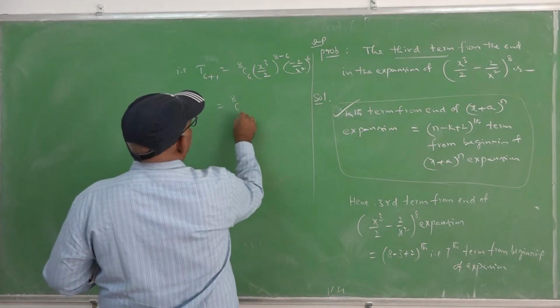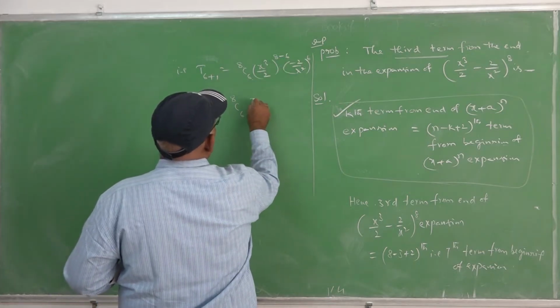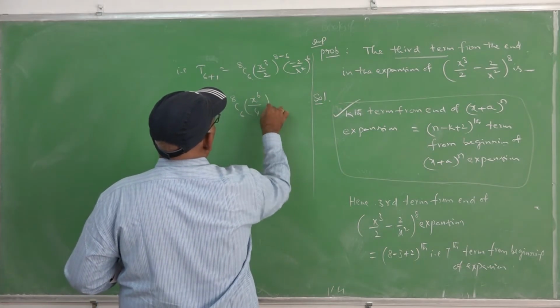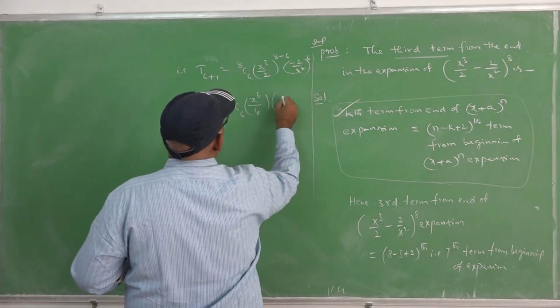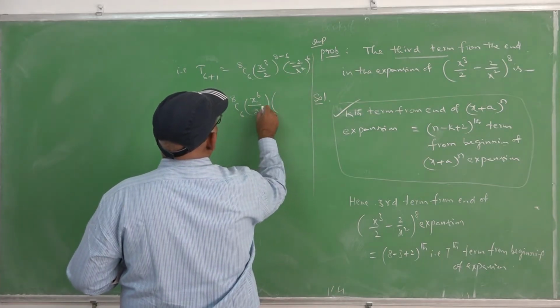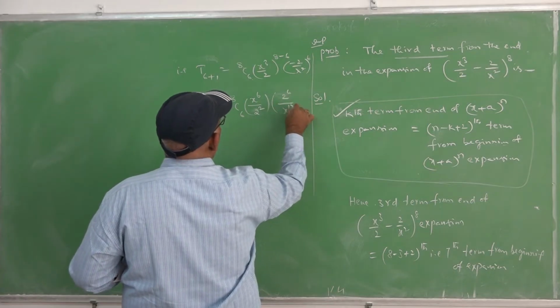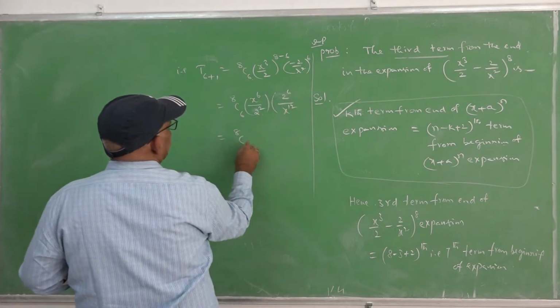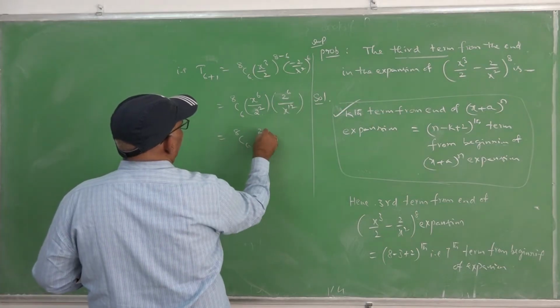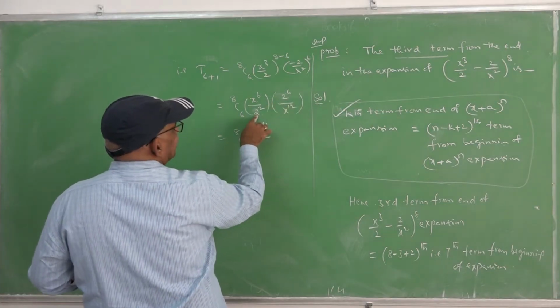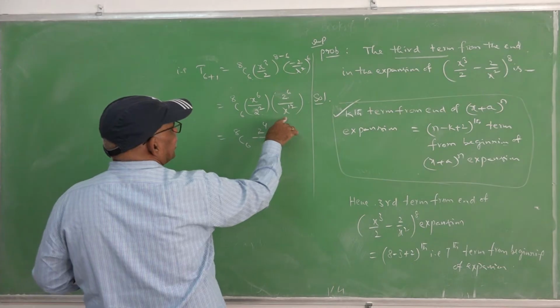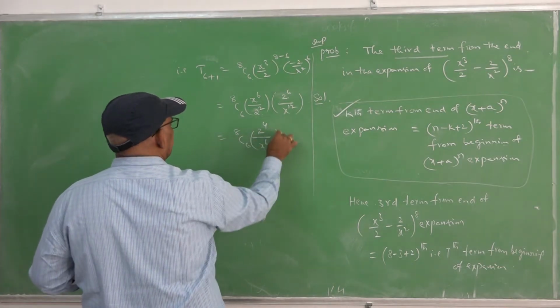This is 8C6, x power 6 by 2 square, 2 power 6 by x power 12, which gives us 8C6 into 2 power 4, because 2 power 6 by 2 square is 2 power 4, and x power 6 by x power 12 is 1 by x power 6.